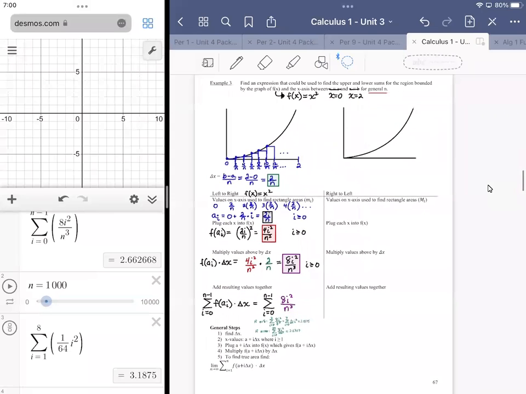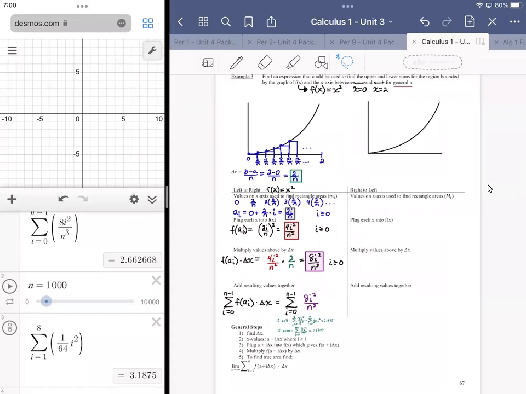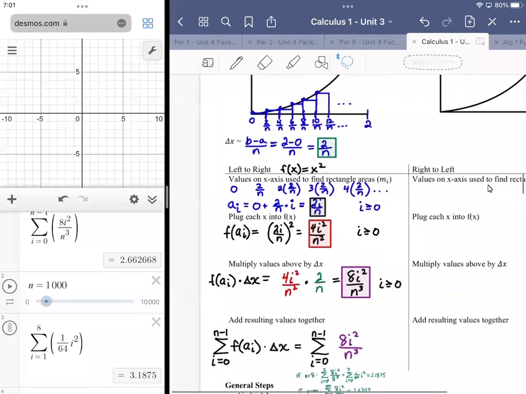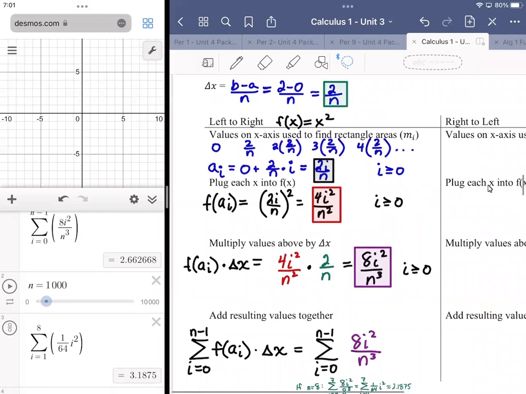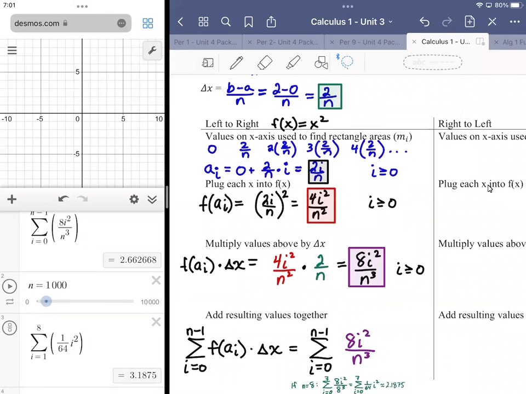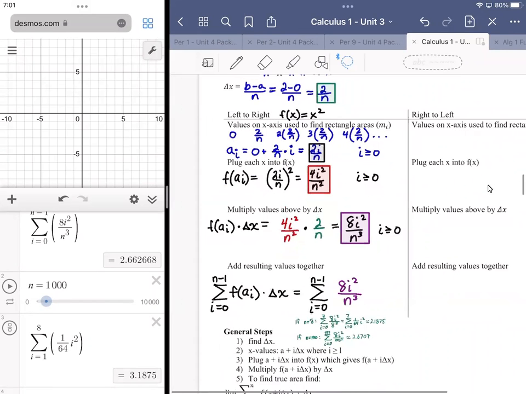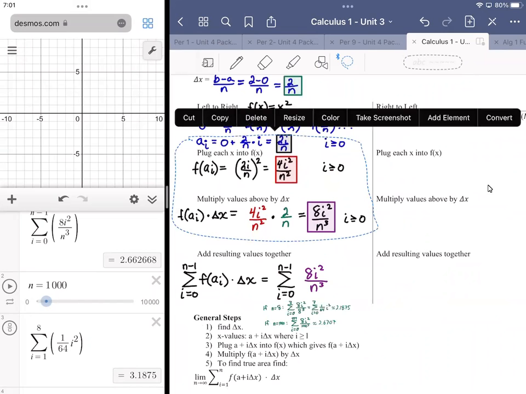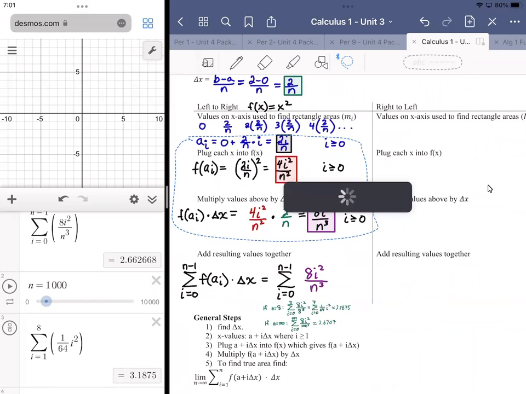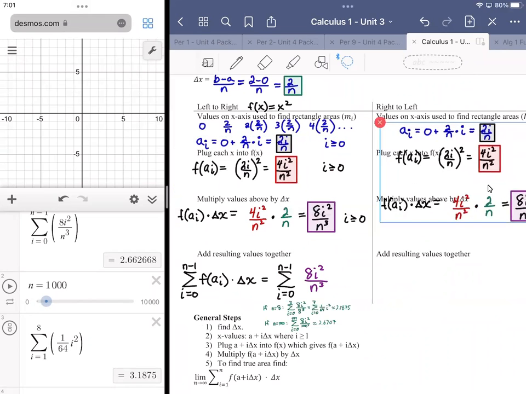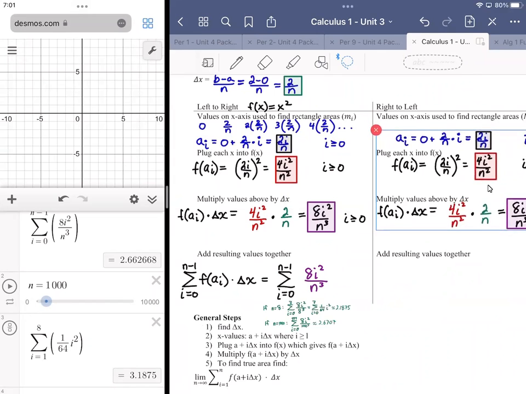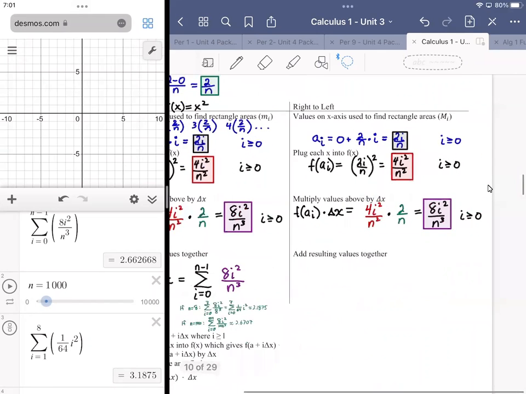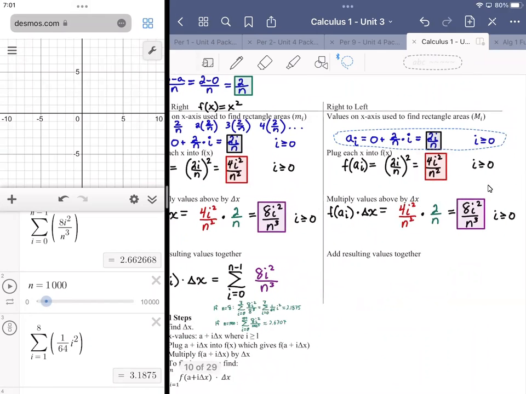But if we come in from the right-hand side, we know that everything shifts over 1 unit, right? So instead of starting off at I equals 0, we're going to start off at I equals 1, all right? So this expression, all this stuff is going to be the same. Actually, I could do a massive copy paste. So all of this I'm going to take and just shove it over to the other side. But we know that we're going to go with an initial value of I equals 1 rather than I equals 0.